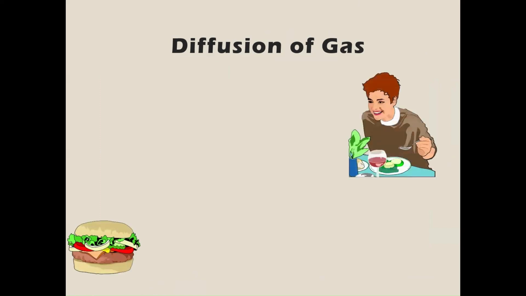Let's talk about diffusion of gases. That's literally what happens. If you are walking beside a restaurant and there is a very tasty smell, where does that smell come from? From the food which is inside the kitchen, inside the restaurant.